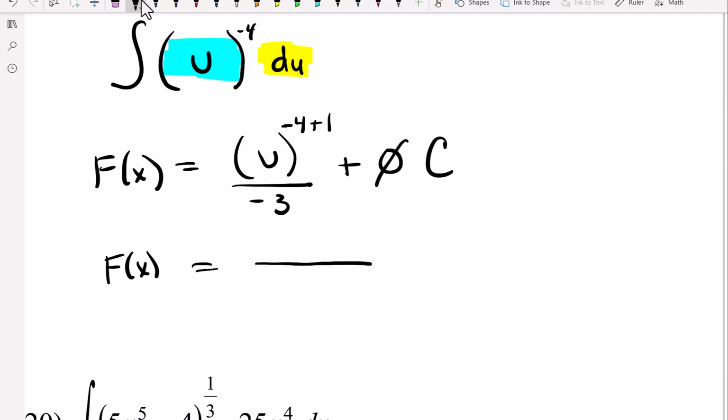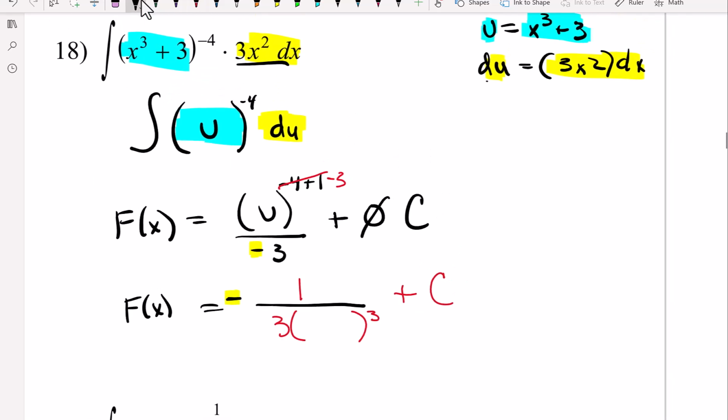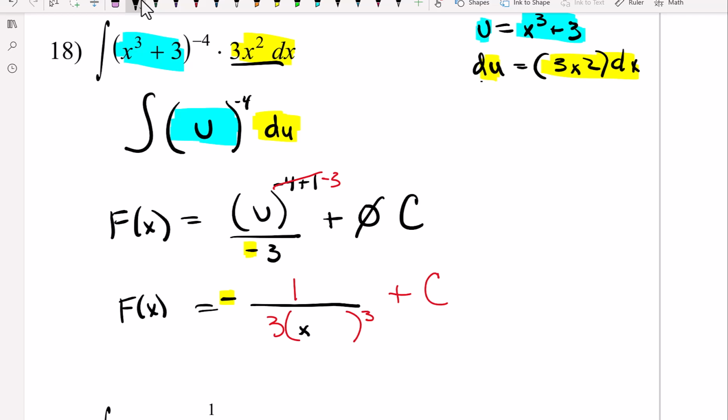So this negative sign right here, we'll put right there. So it's 1 over 3u. So this would be negative 3, so this will be positive 3. And then the u is x cubed plus 3.